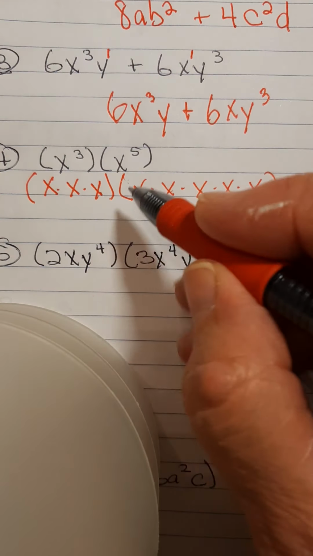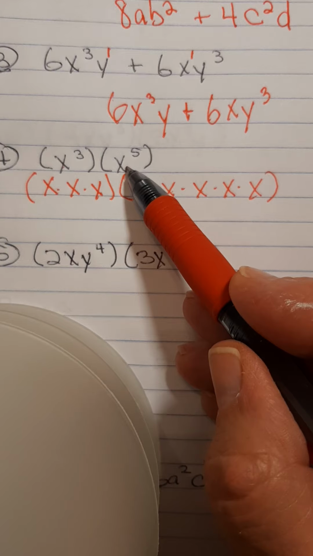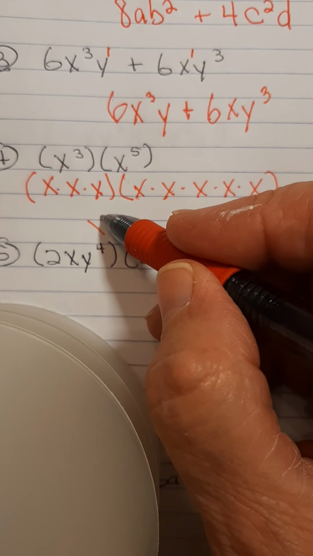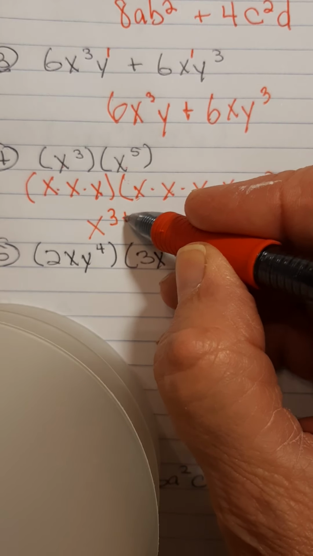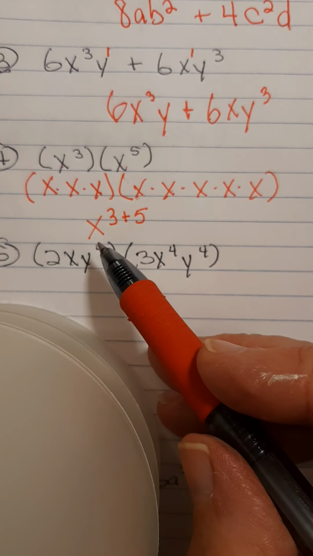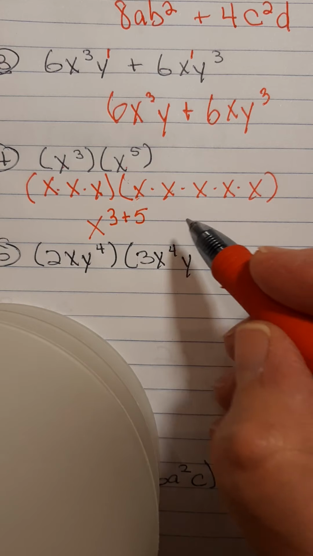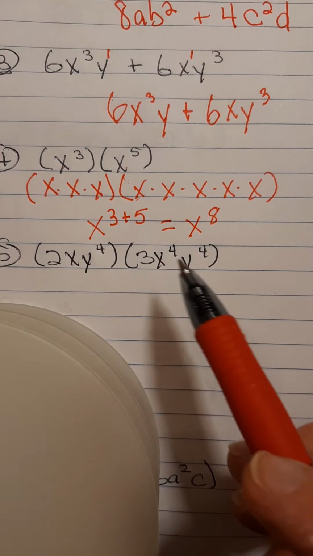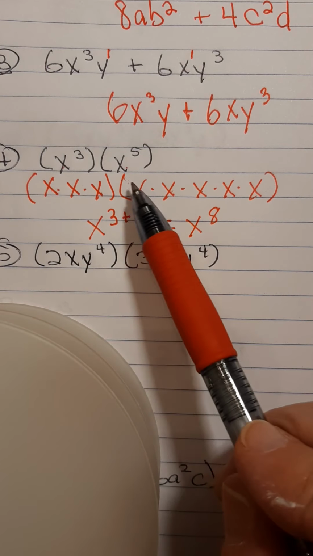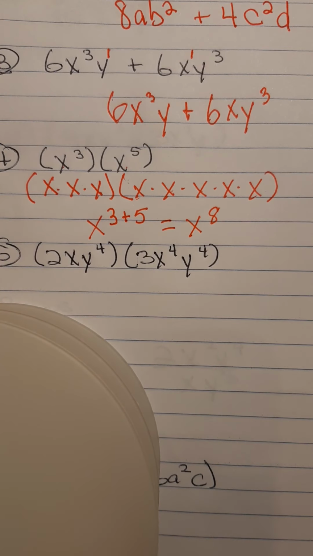We have learned that when the bases are the same, and they're both x's, we simply add the exponents. So we would get x to the 3 plus 5 or x to the 8th. And is that what we counted? 1, 2, 3, 4, 5, 6, 7, 8? Yes. And that's why it works that way.